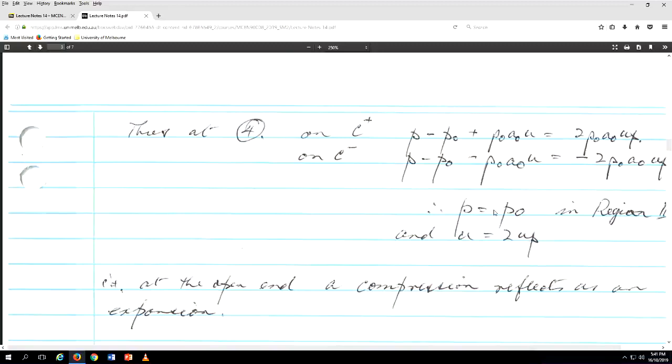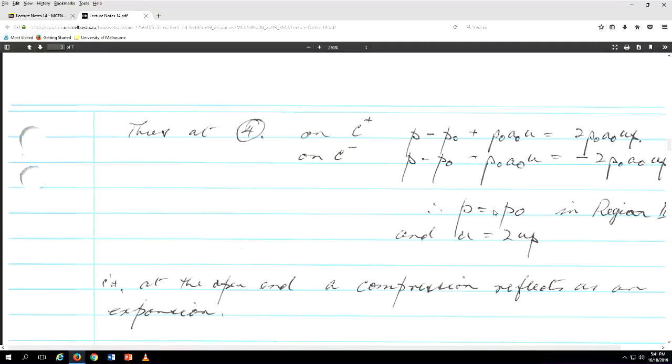It follows that if I add the two equations, P4 is equal to P naught because these two add to 0 and these two add to 0. So P is equal to P naught, and therefore U is equal to 2UP. So in that region, 4, everywhere, the velocity is twice the piston's velocity. Comes as a surprise. The pressure is the atmospheric pressure, but the velocity is twice the piston's velocity.